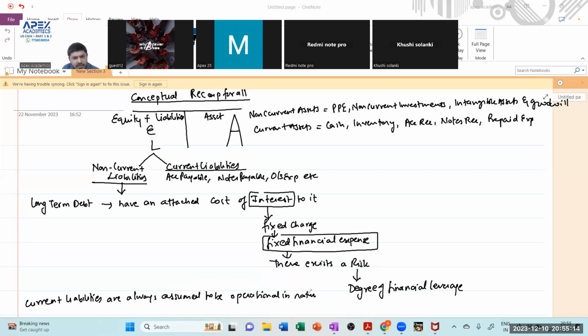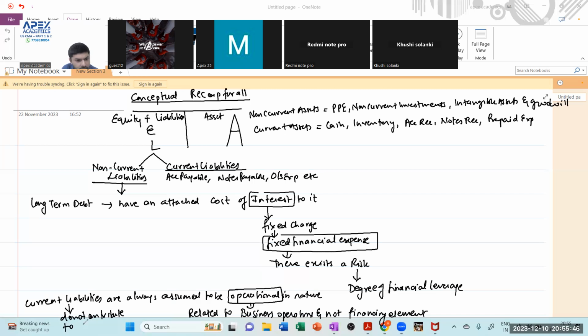What is the meaning of this? They are related to business operations and not the financing element. So current liabilities do not contribute to financial leverage.